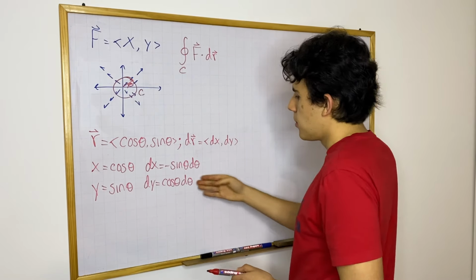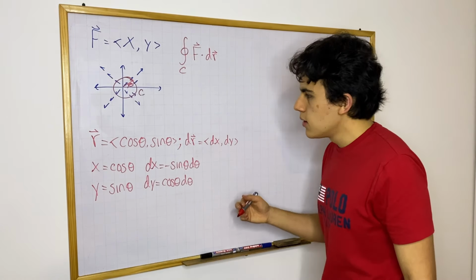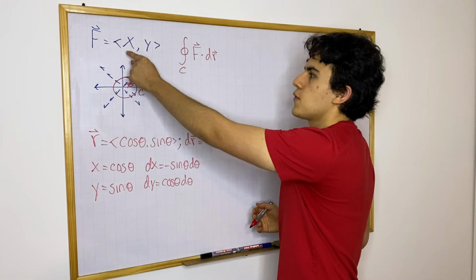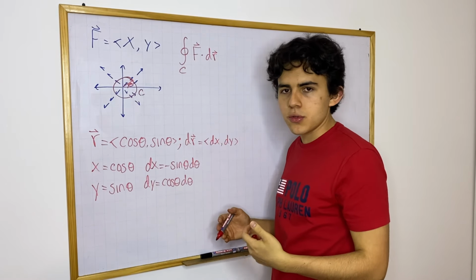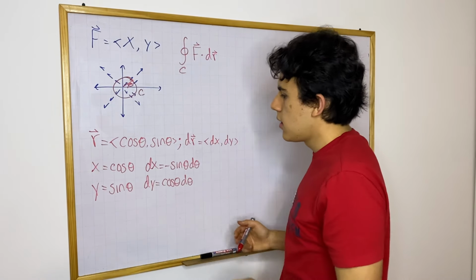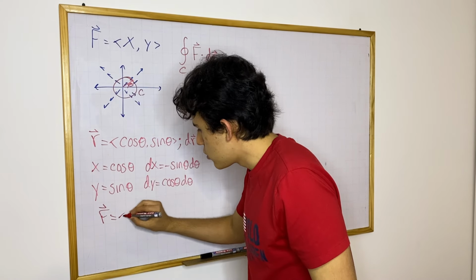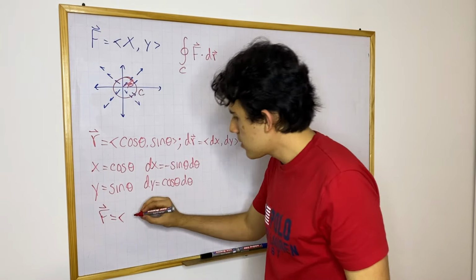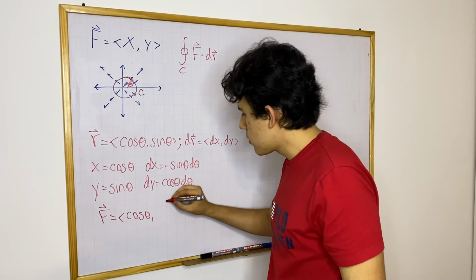You know that you can just plug this in up here. And now what about F? We know F is in terms of x and y, and we know how to write x and y in terms of theta, which is our parameter. Then F is going to be x, that is cosine theta, and y is going to be sine theta.